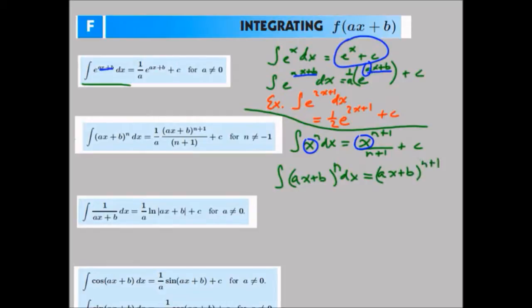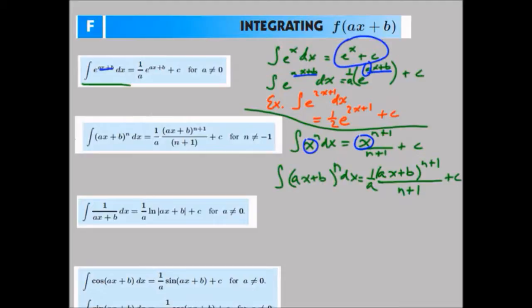The exponent remains the same. What we're dividing by remains the same down here. We still have our constant of integration, but we need to multiply by 1 over a.